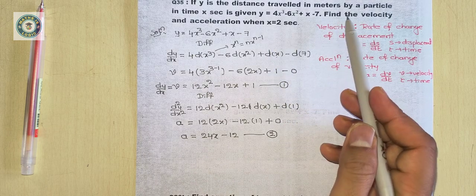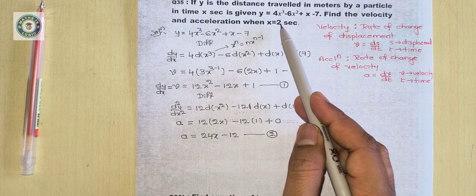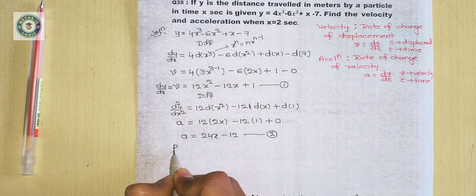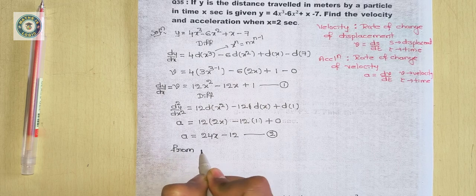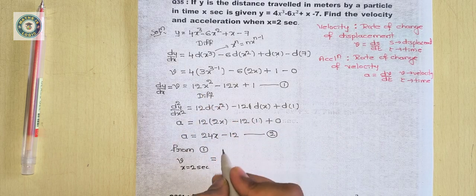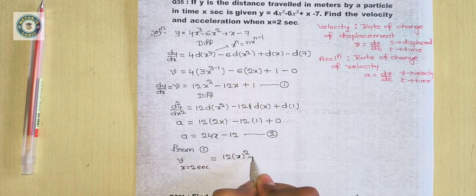But the question is, after finding velocity and acceleration, wherever x comes we need to substitute for how many seconds here? 2 seconds. So from 1, velocity at x equal to 2 seconds is equal to 12 into x square minus 12 into x plus 1.